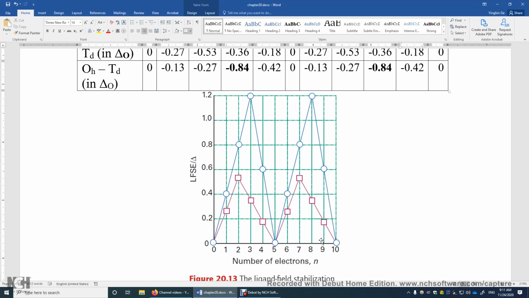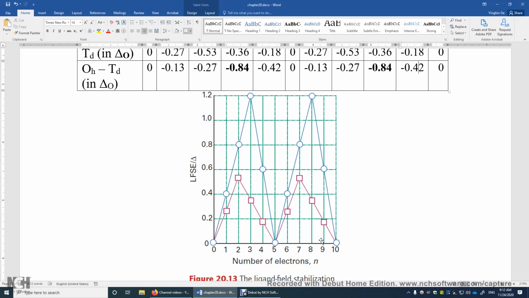What about D4? Actually, D4 is different from D9. In this case, we're talking about high spin D4, and then you'll see a more significant Jahn-Teller effect. If you have a low spin D4, that's a different case. Low spin D4 has a much smaller Jahn-Teller effect in the octahedral complex.